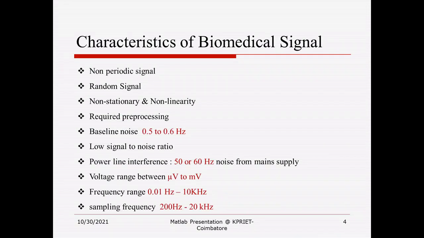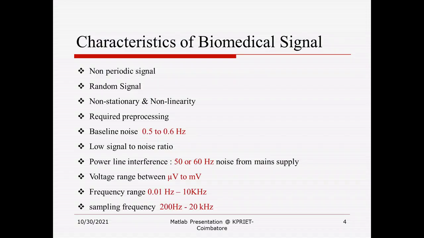Here are some of the important characteristics of a biomedical signal. All biomedical signals are non-periodic. Since biomedical signals cannot be described by a mathematical equation, all biomedical signals are called random signals. Another important characteristic is that all biomedical signals have two different types of noises, called baseline noise and power line interference noise.